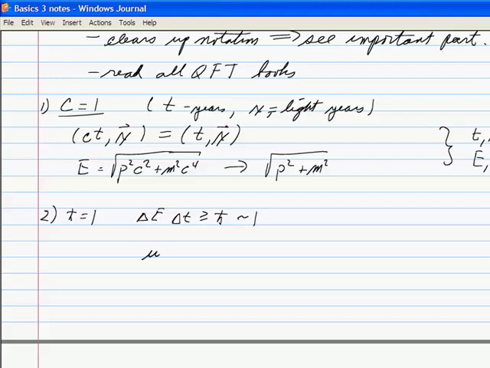So the units of delta t are 1 over energy units. The units of delta x go like 1 over momentum units, delta p, which is the same. Those are the same units. p and x and t have the same units. p and E have the same units because I've already got c equal to 1.